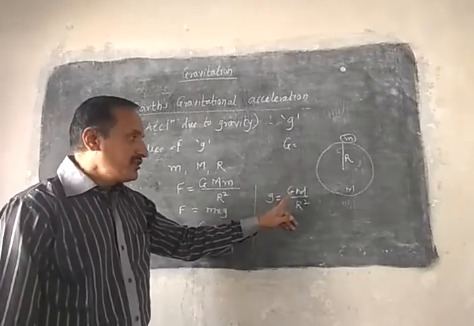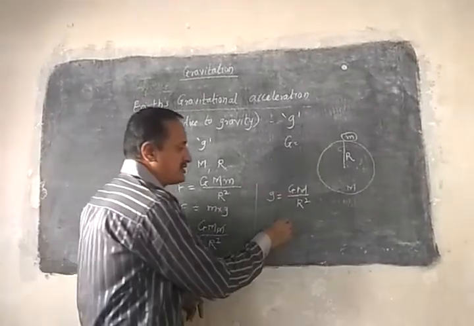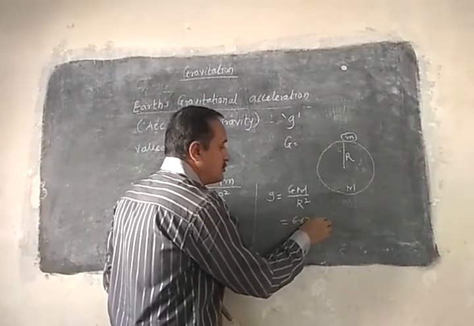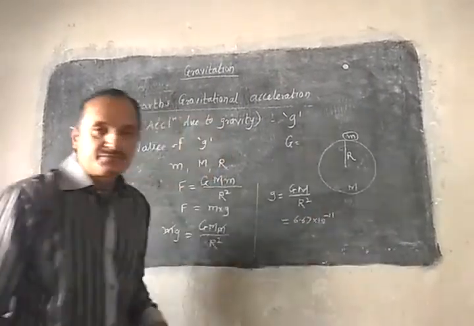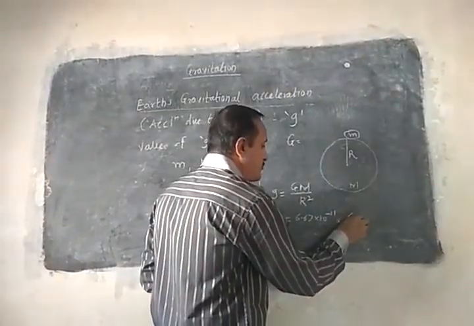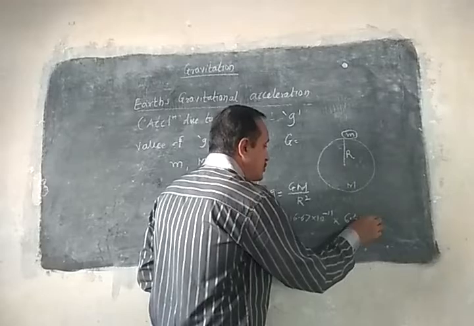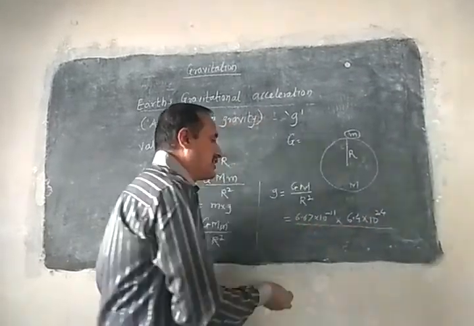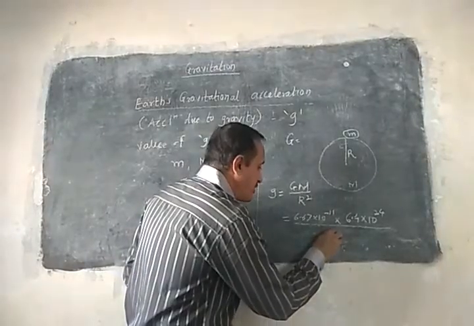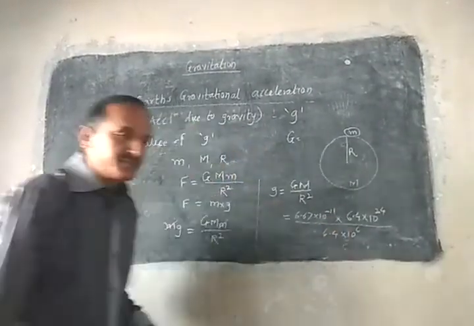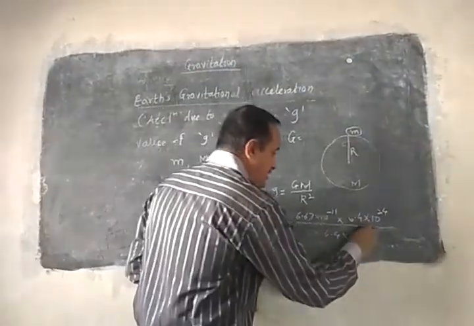Now if you put the value of capital G, which is 6.67 into 10 raised to minus 11, the mass of the Earth, which is 6.4 into 10 raised to 24, and the radius, which is 6.4 into 10 raised to 6 meter, squared.